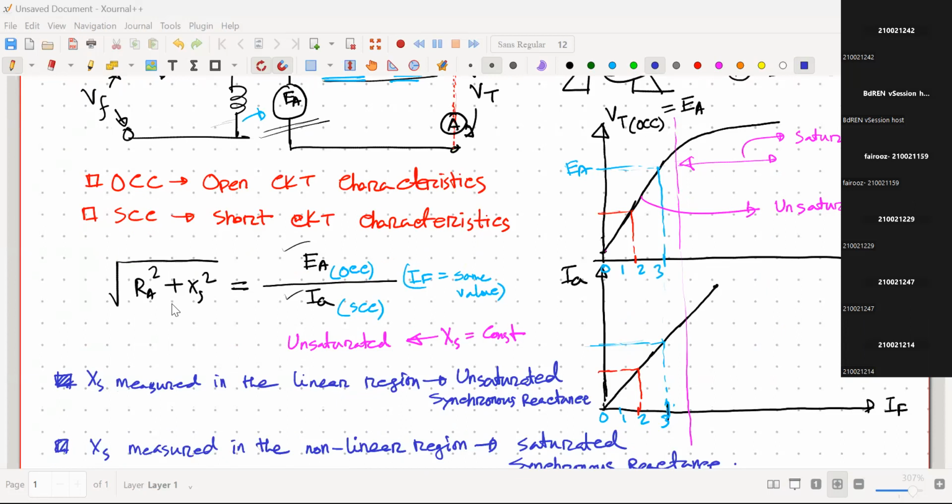So if EA by IA is decreasing in a linear way, Xs should be a linearly declining curve. What you are saying is true if both of them were declining in a linear way. But the problem is they are not declining in a linear way. In the saturated region, things will not be like that.